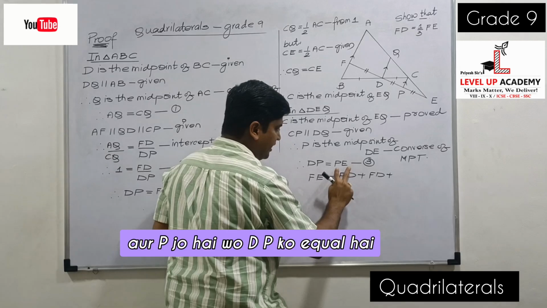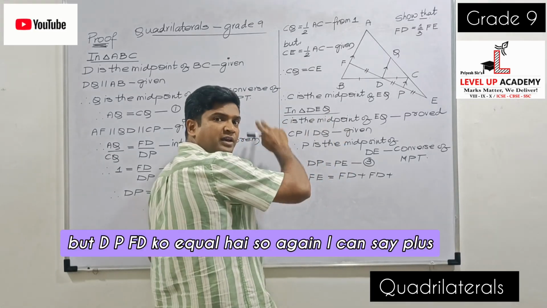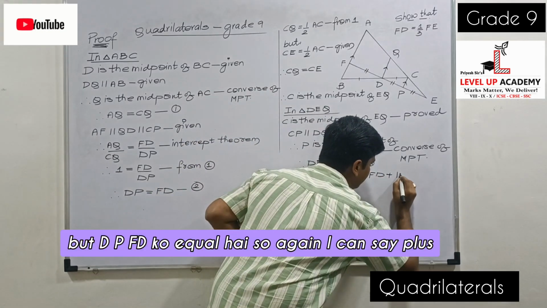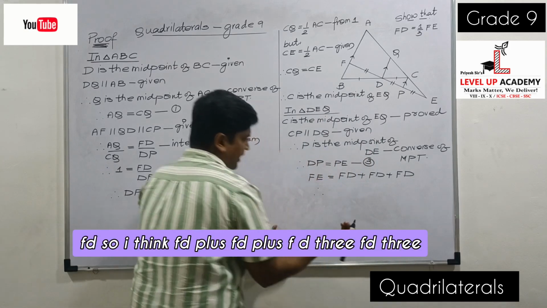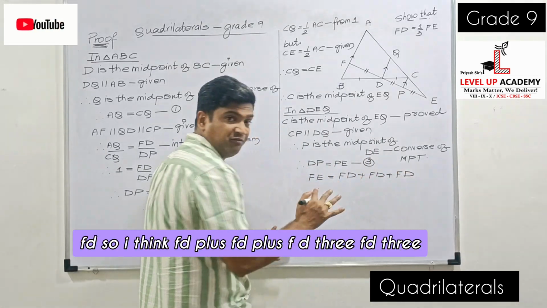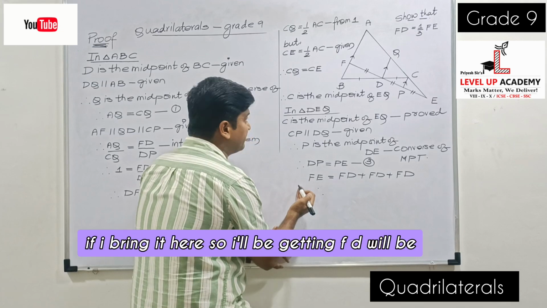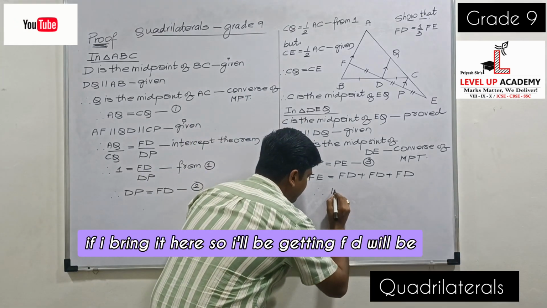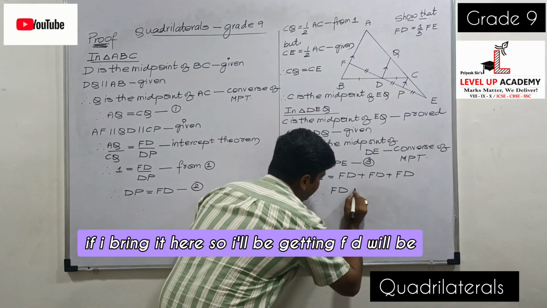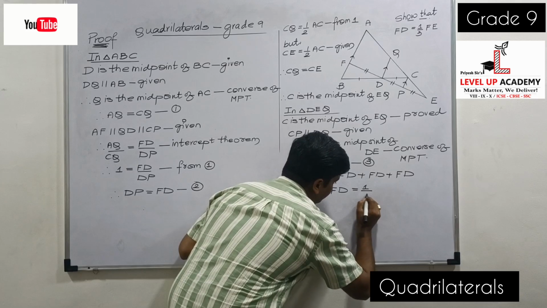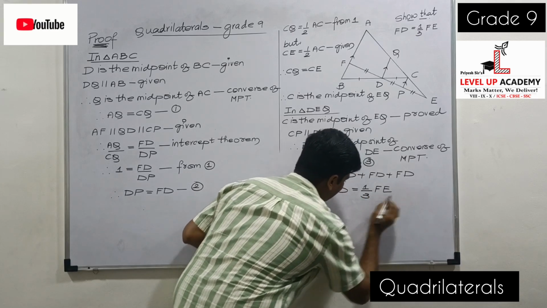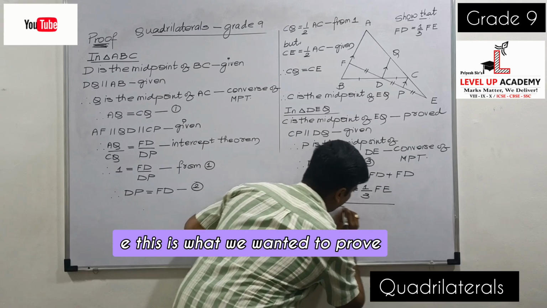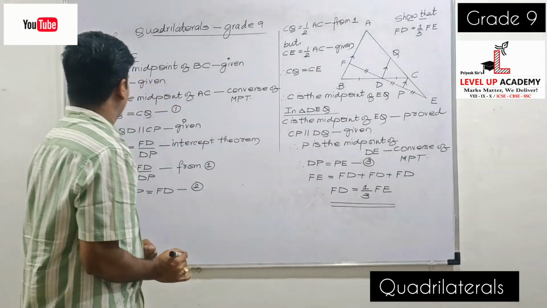And PE is equal to DP, but DP is equal to FD, so again plus FD. So FD plus FD plus FD is 3FD. If I bring the 3 here, I get FD will be 1/3 of FE. This is what we wanted to prove.